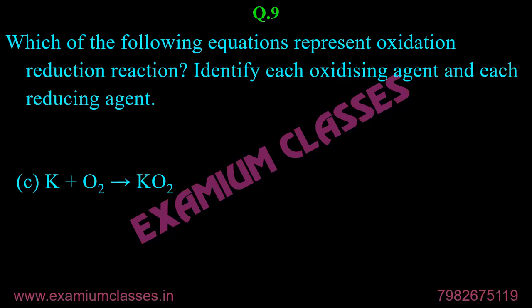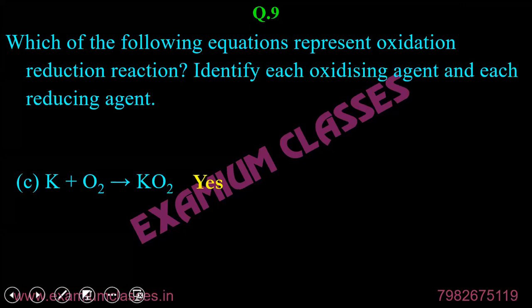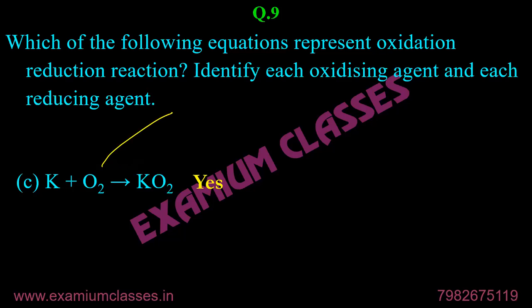Okay. Mahak, Ashi, correct? Okay, Devansh, think again. The reason is this one is actually an ionic equation. Here, potassium and oxygen are in their elemental form.